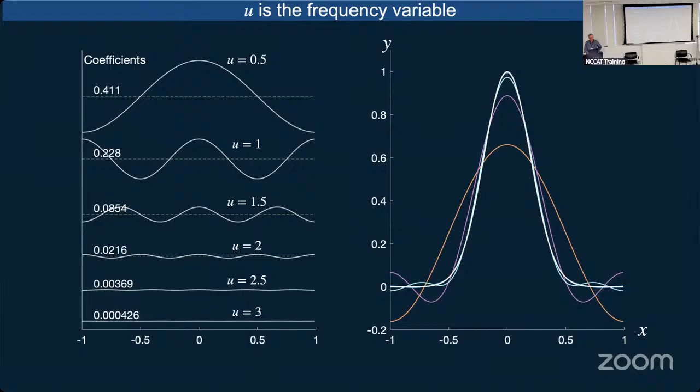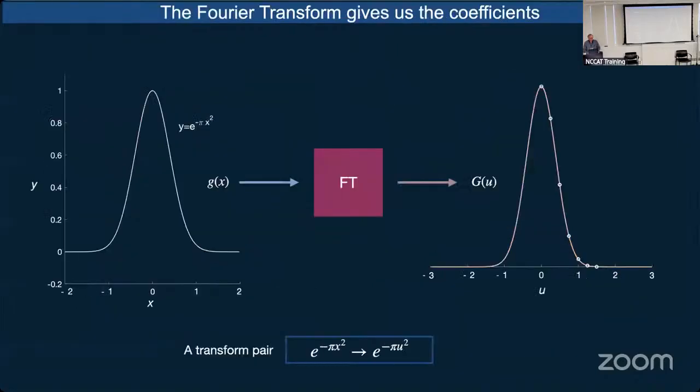But then you probably want to ask me, where did I get these magic numbers, which are the amounts I scaled each of those cosine waves to make a perfect fit to the Gaussian function that I started with? And the answer is I just asked the computer to do it.